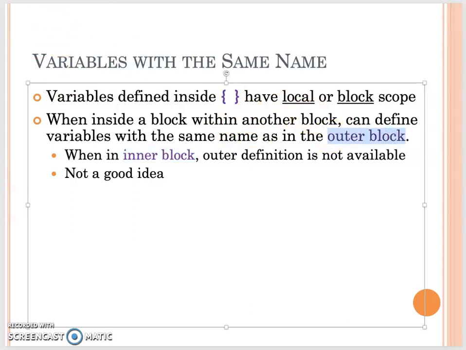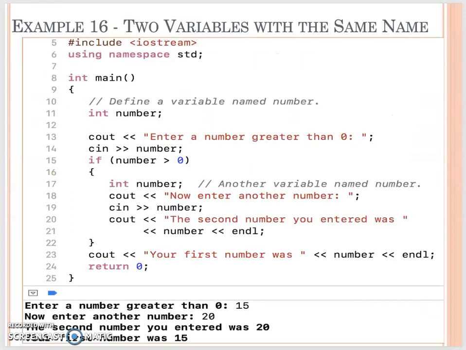Let me give you the example. We see the next one, slide 16. Here the inner block is the if statement. In this if statement I have the braces, and I define an int number. That's what we call the inner block.